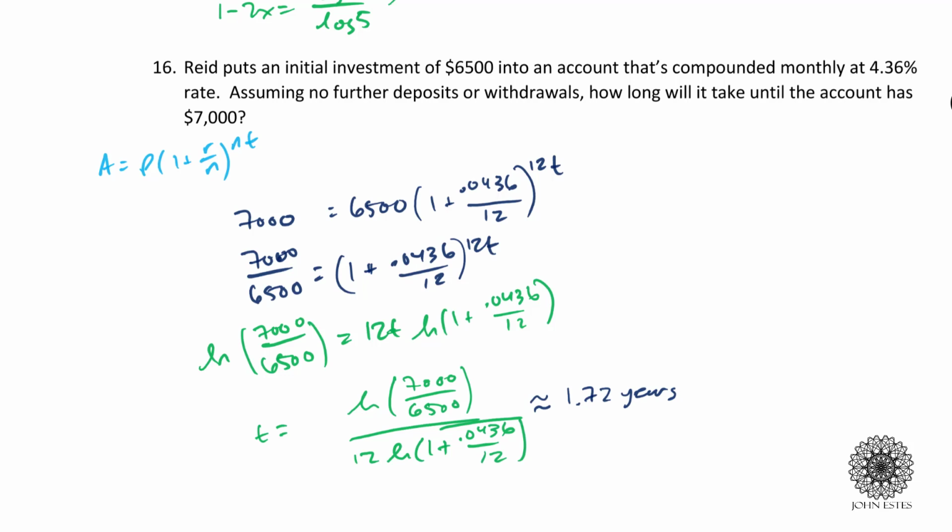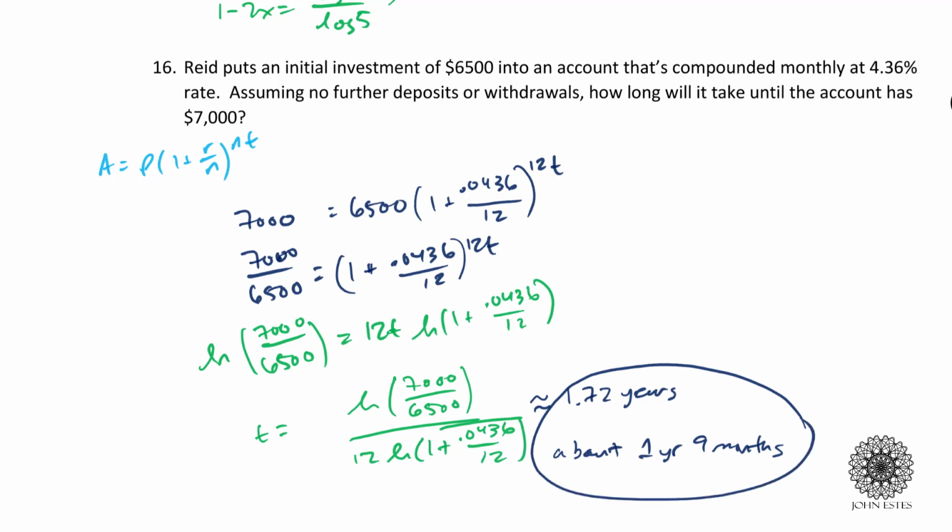So 1 year, and then how many months? Well, 0.72 is pretty close to 75%, which is about 3/4, which is about 9 months. So this is about 1 year and 9 months. That's about how long Reed needs to wait until he can get up to $7,000.